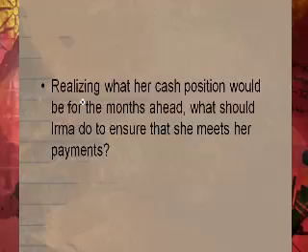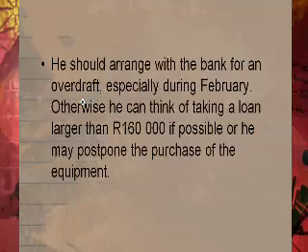Realizing what her cash position would be for the months ahead, what should Irma do to ensure that she meets her payments? What are her possibilities? What options does she have? One, we could arrange with the bank for an overdraft, especially during February, or we can obtain a loan larger than 160,000.